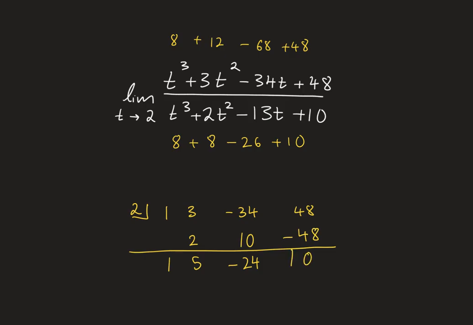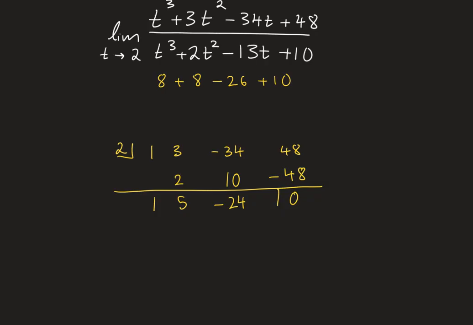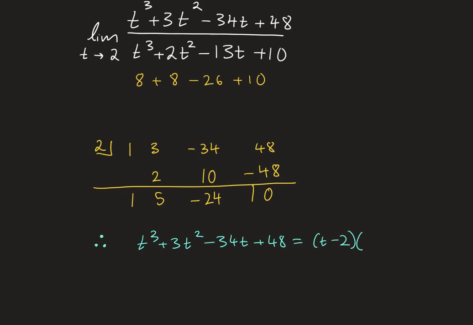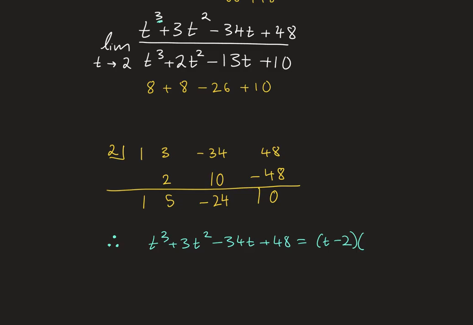But the whole point of this is now I can say that therefore t cubed plus 3t squared minus 34t plus 48 is equal to t minus 2 times a polynomial of one less degree, so a polynomial of degree 2. And the coefficients are sitting right here. So that's going to be 1t squared plus 5t minus 24. All right, so that's my numerator.